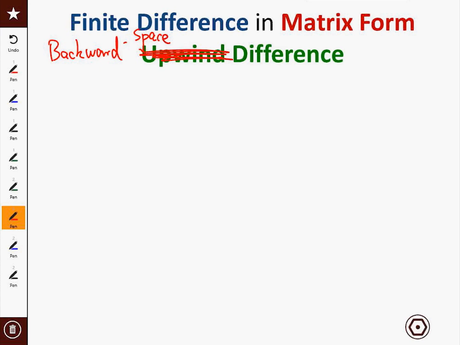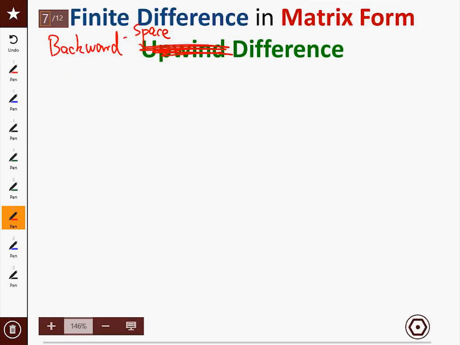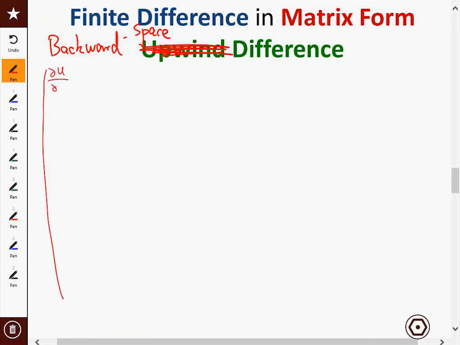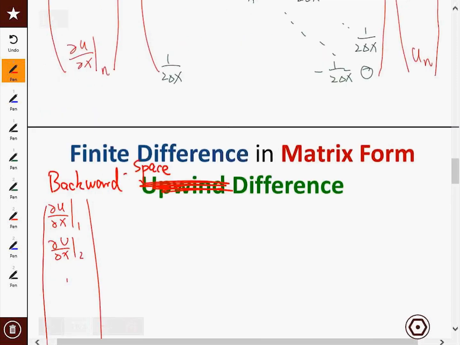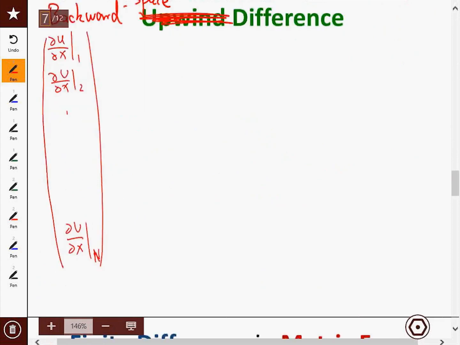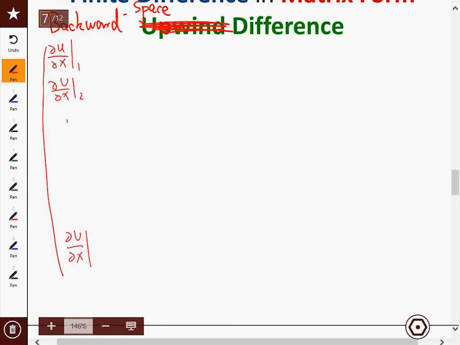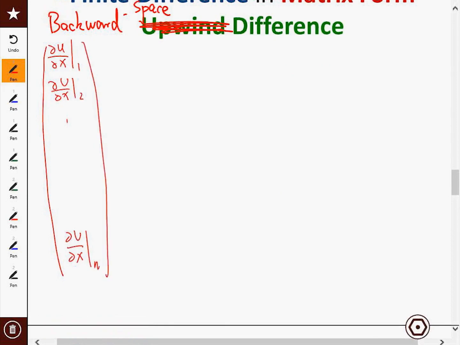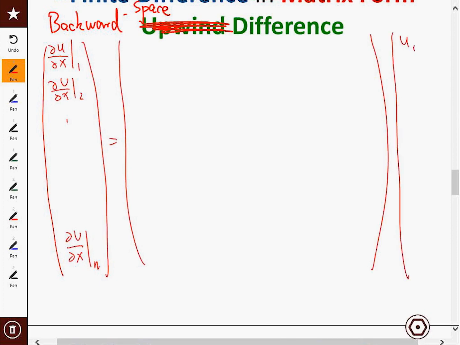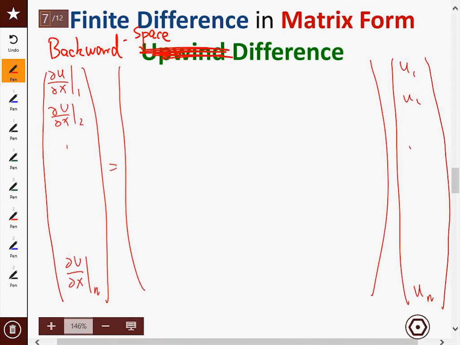Towards the upwind of the characteristic. Good guess. Right. So if I do a backward in space, I'm going to be writing the same thing: partial u, partial x at 1, partial u, partial x at 2, etc. Partial u, partial x at n is equal to a joint matrix of the same size times U1, U2, etc. So nothing has changed except for the content of the matrix, right?